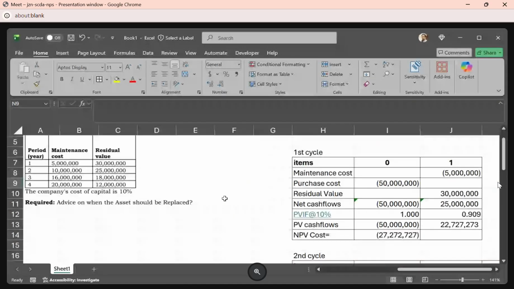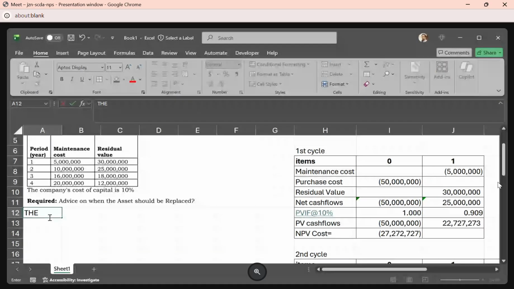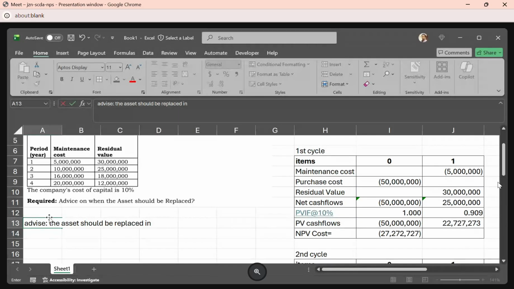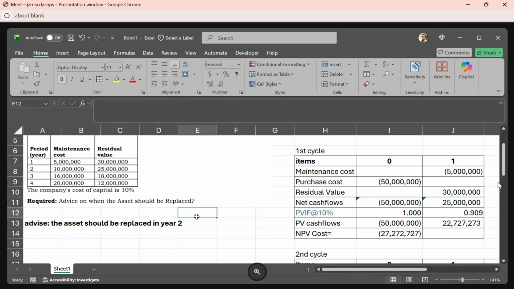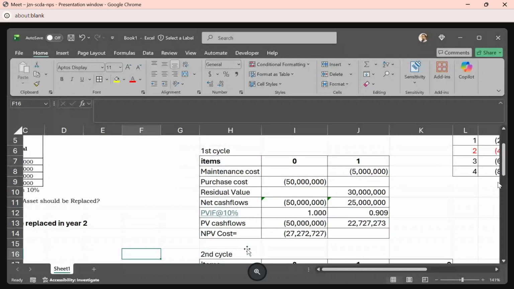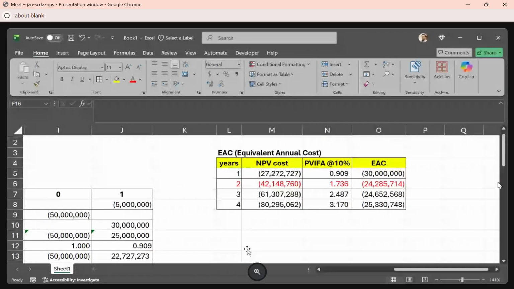So our advice, based on the calculation, is that the asset should be replaced in year 2. That is our advice, based on this computation.